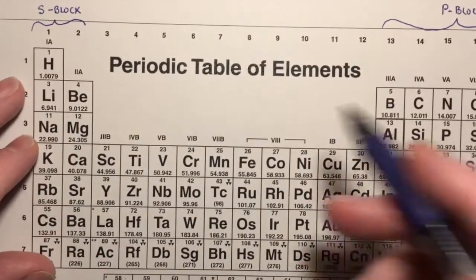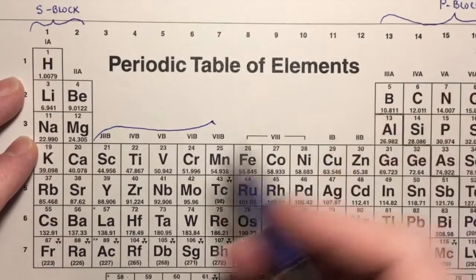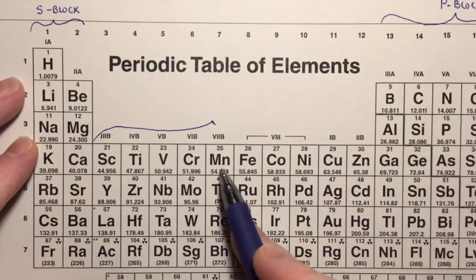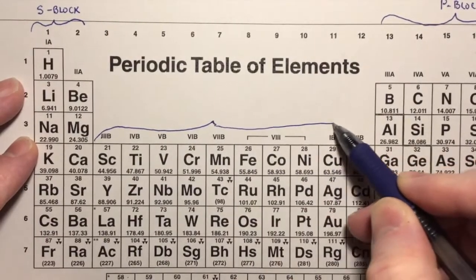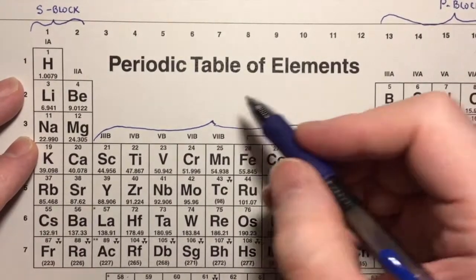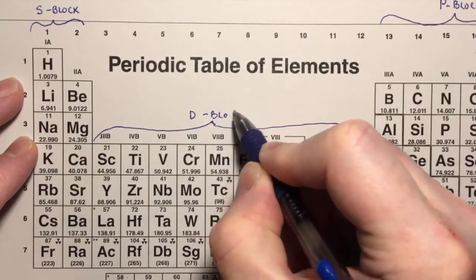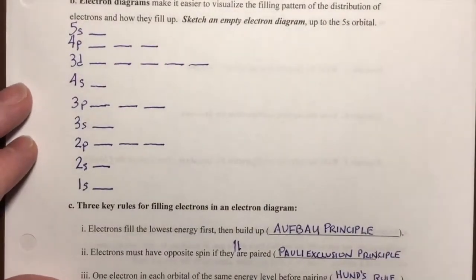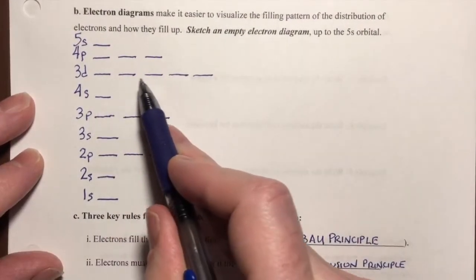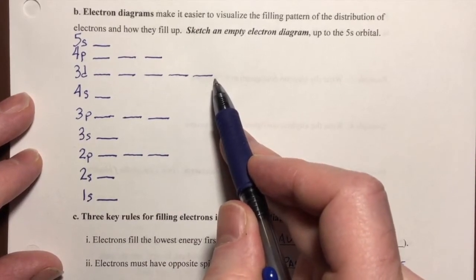Moving on down to the transition metals, you may have noticed that there are 10 groups, 10 columns, and those correspond to the D block. They are the D block of elements because those 10 columns correspond to the 10 electrons that fill in the D subshells.